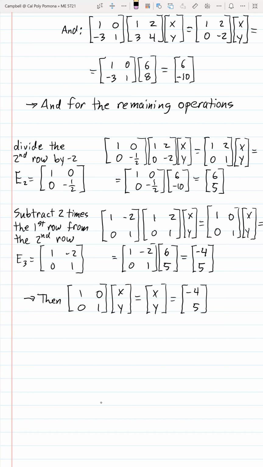That's what these elementary matrices are doing. They're reformulating things, and if we've done stuff right, they're reformulating things so that we will then end up with an identity matrix once we multiply everything together. So let's go ahead and see how that works.